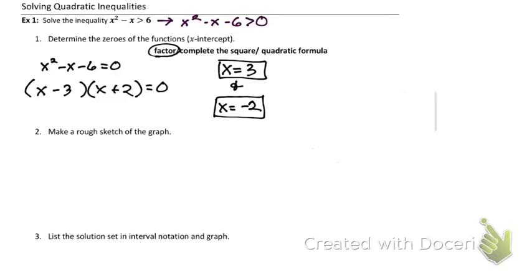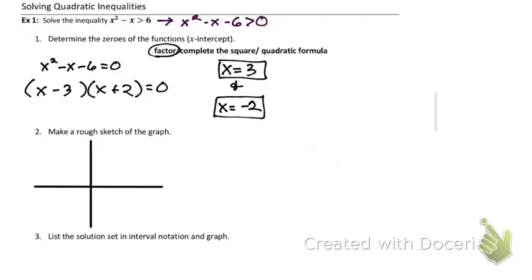And we know the shape of a quadratic. It's either opening up or it's opening down. So what I said is we're just going to make a really rough sketch of this graph, and it's going to be all we need to come up with our answer. So a real rough draft of this. That's my x and y axes.